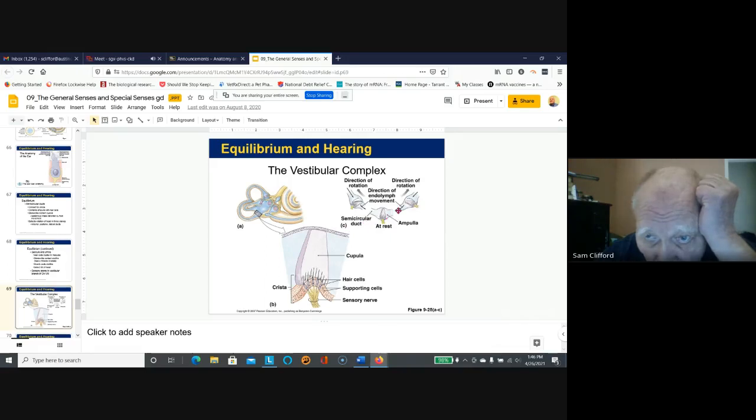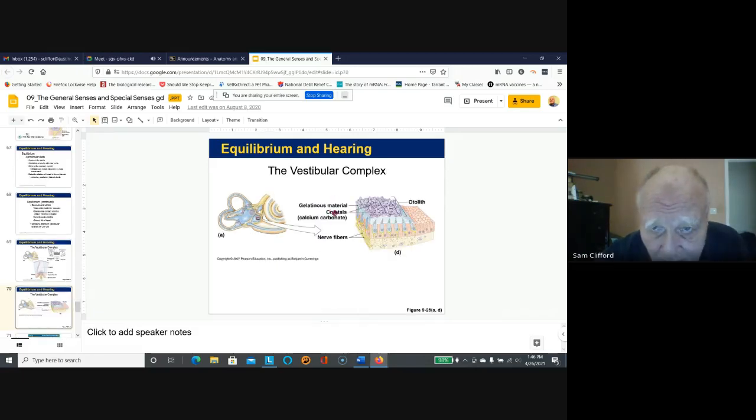So depending upon the direction of bending and direction of rotation, this endolymph here is going to move, and your body automatically senses your head position and its movement.